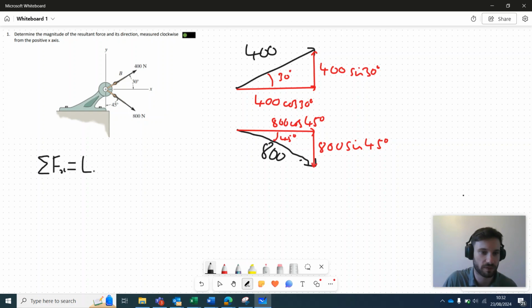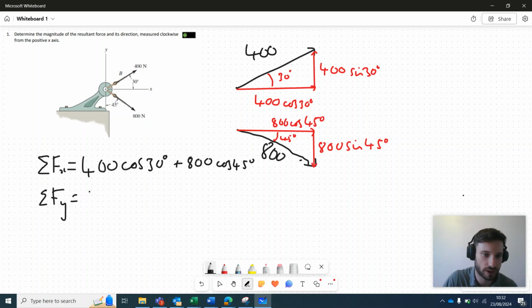That would just be 400 cos 30 plus 800 cos 45. And the vertical, that would be 400 sine 30 minus 800 sine 45.